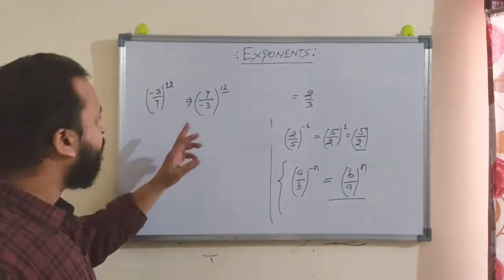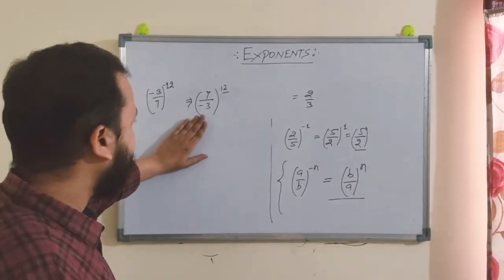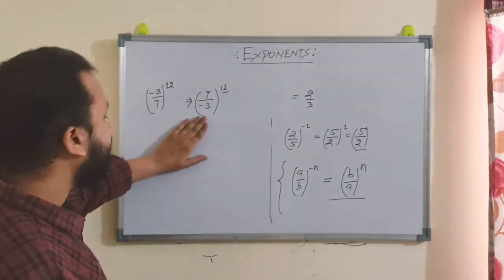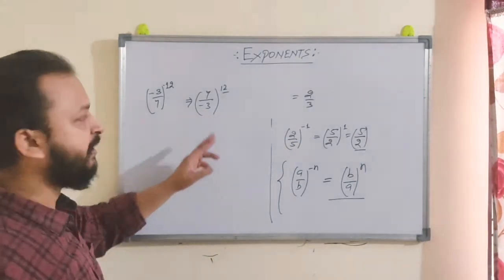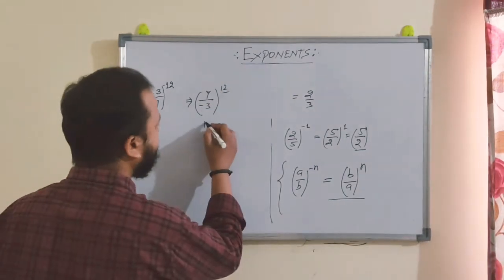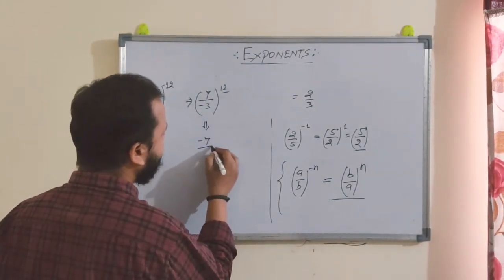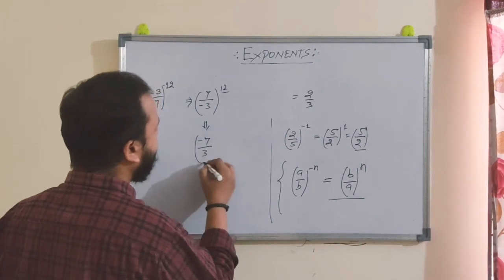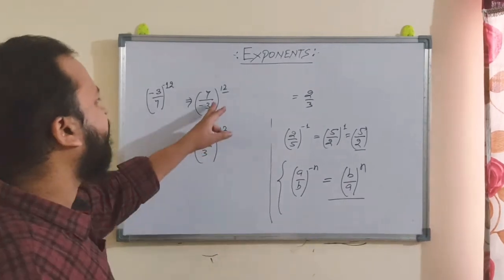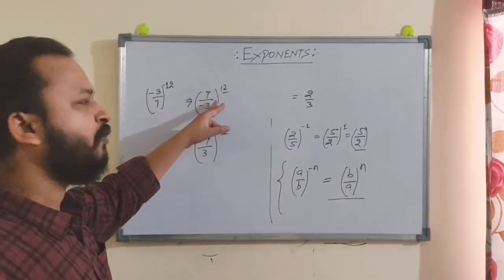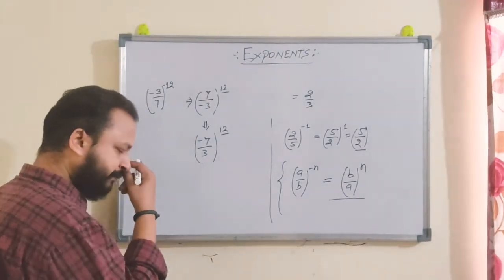But this is not the answer, because we know that the denominator will always have a positive sign. So we'll write the negative sign above: minus 7 divided by 3 to the power 12. So we have multiplied by minus 1 in both numerator and denominator. Then we'll get this answer.